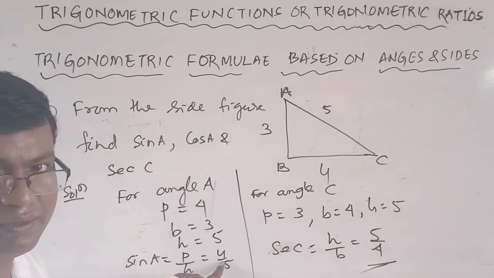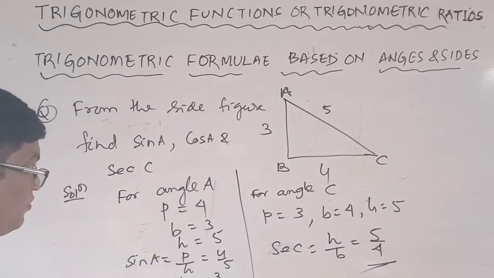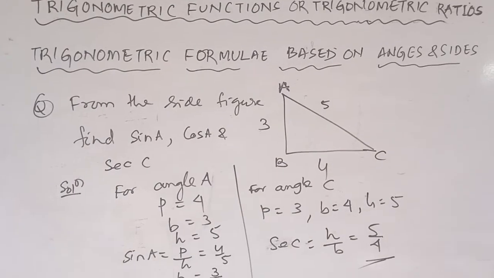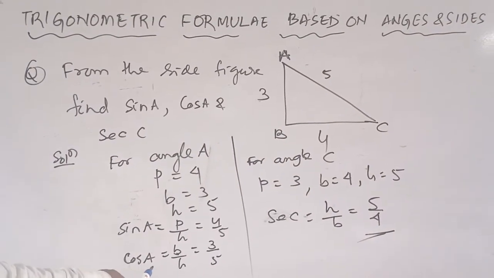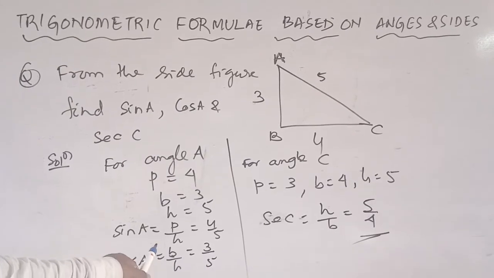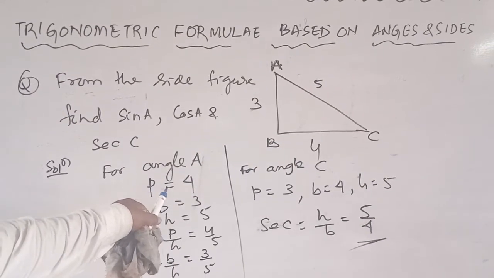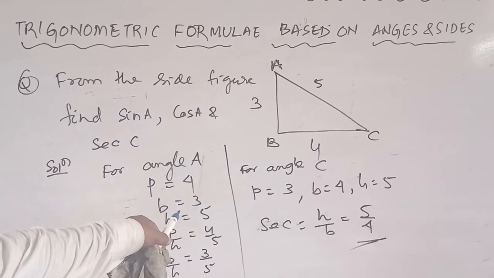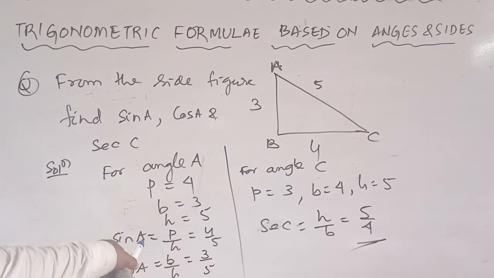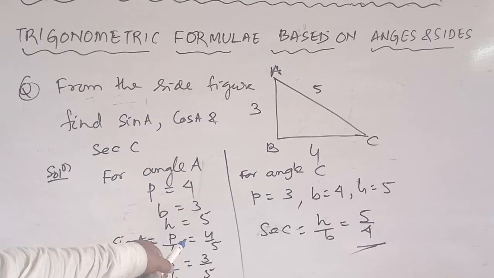Sin A is equal to 4 by 5 and cos A is equal to B by H, that is 3 by 5. For angle A, P is equal to 4, B is equal to 3, H is equal to 5. So sin A is equal to P by H, that is 4 by 5.